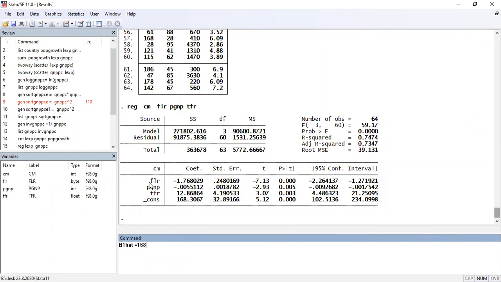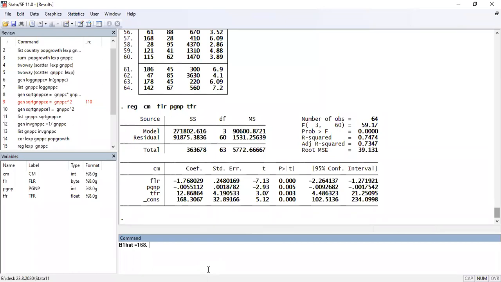Then just explain this FLR, and we'll call it a day. How do you explain this? Holding other things constant. Other things, like what? PGNP, then TFR.